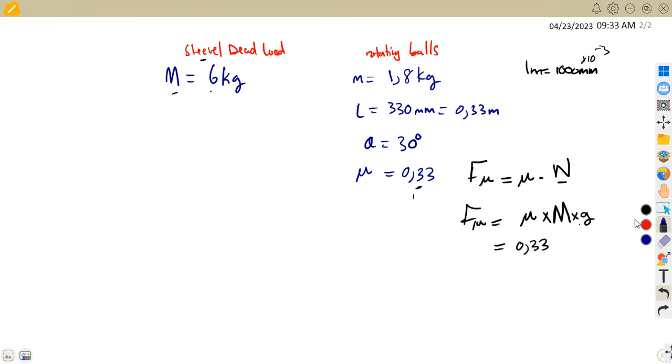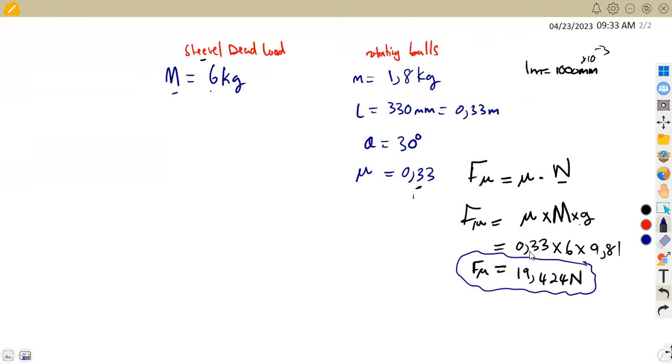So we multiply 0.33 times 6 kgs times the gravitational acceleration of 9,81. This gives us the frictional force, which is 19,4238, so that's something like 19,424 newtons. The 8 changes the 3 into 4. So we can obtain the frictional force, which means there is friction occurring in this case.